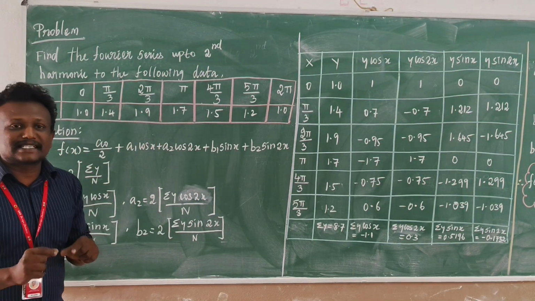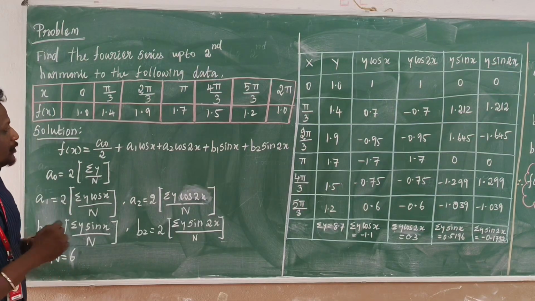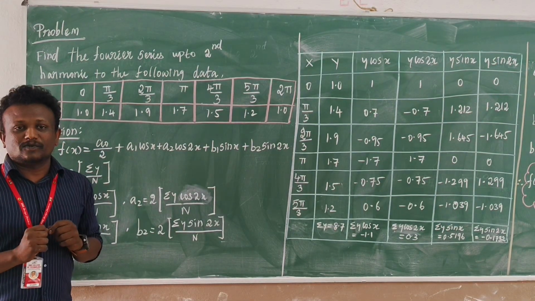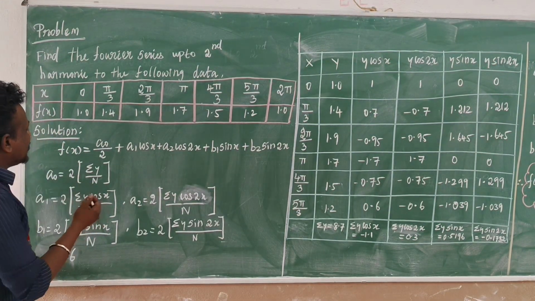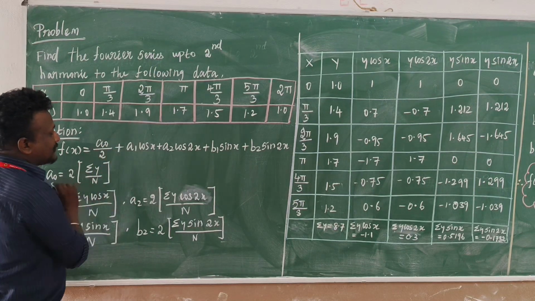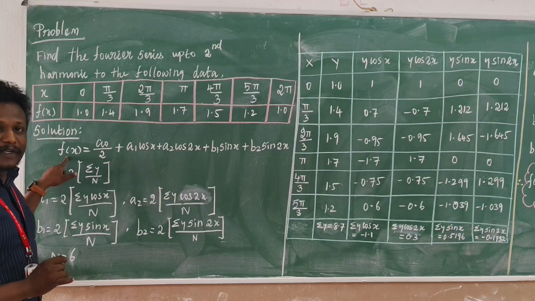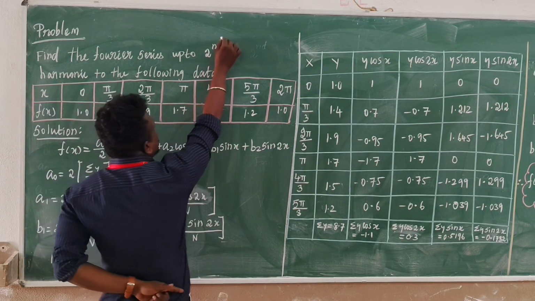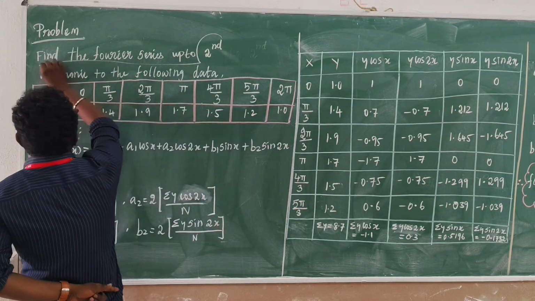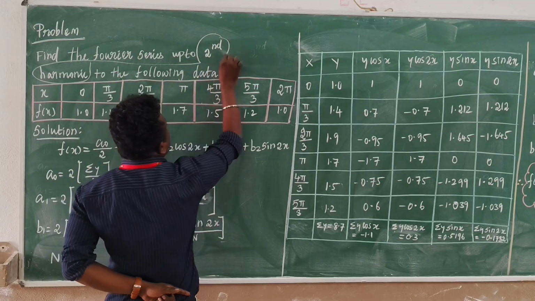As already discussed, in the first step we write the formula. We have already seen the general Fourier series formula, and I have expanded the same formula here. In the question itself, the words second harmonic are very important.